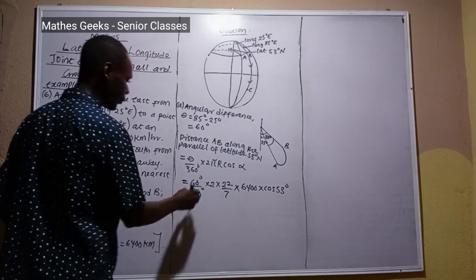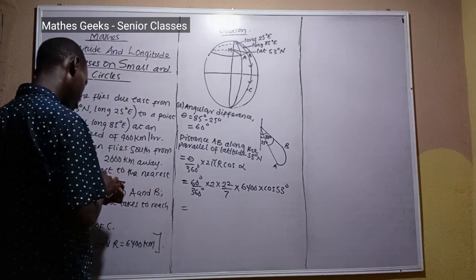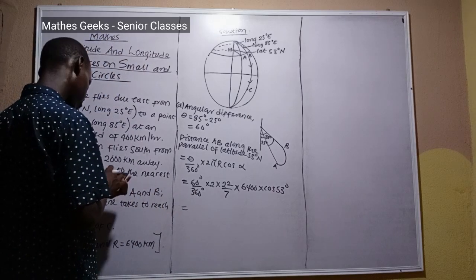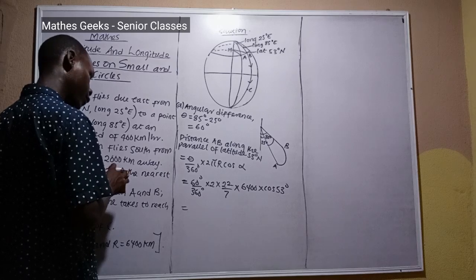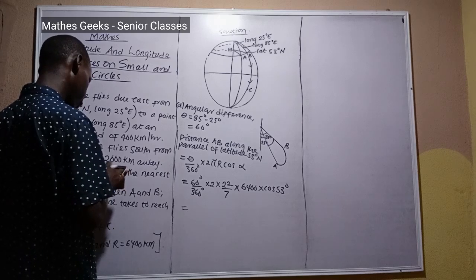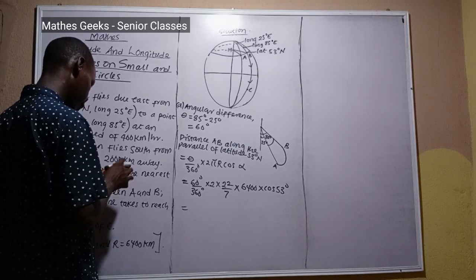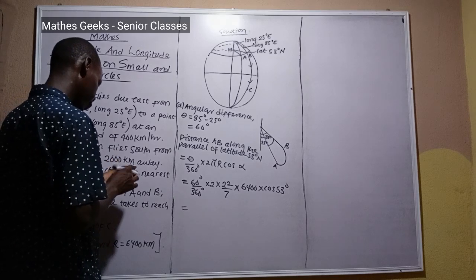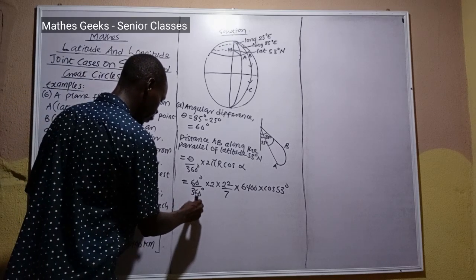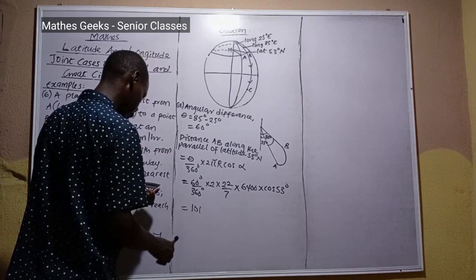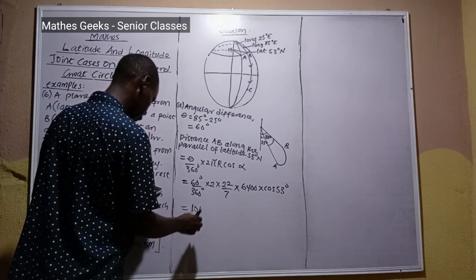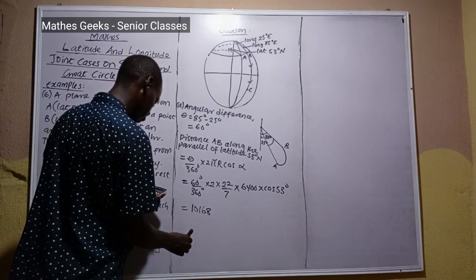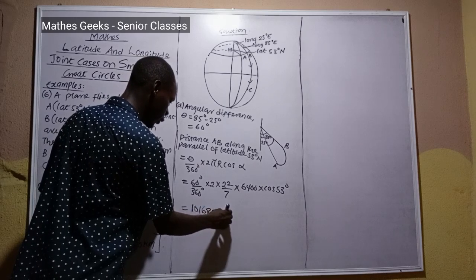So 60 times 2 times 22 times 6,400 times cos 53 is equal to 101,682,666.63.